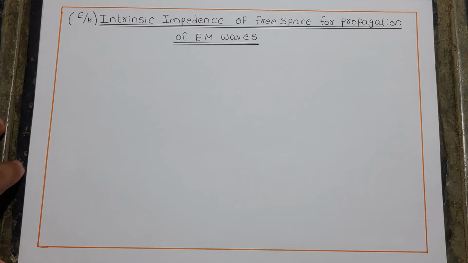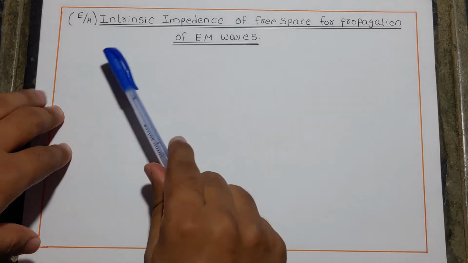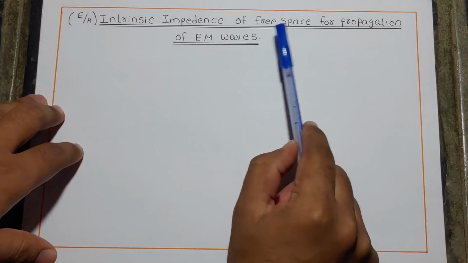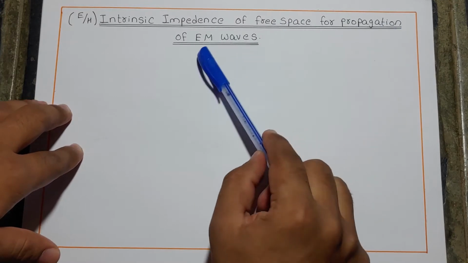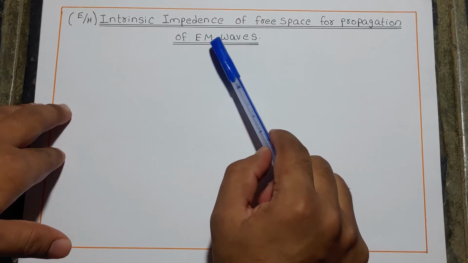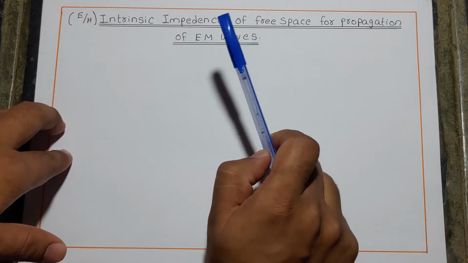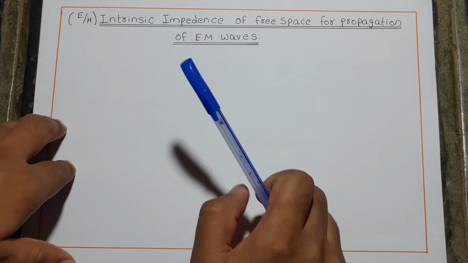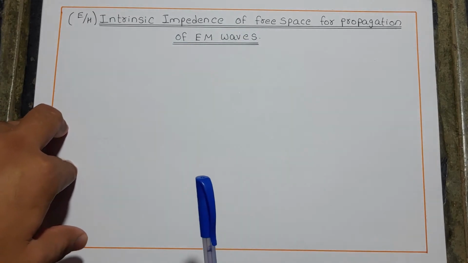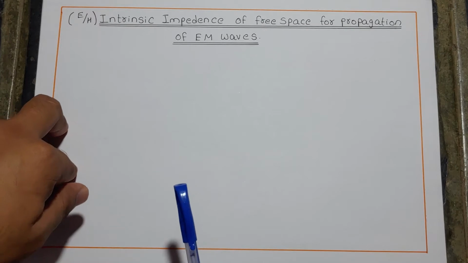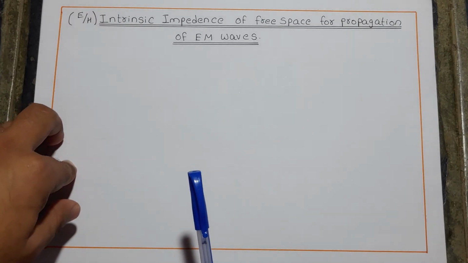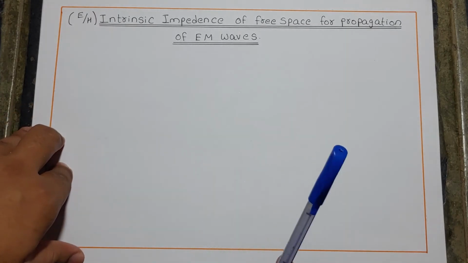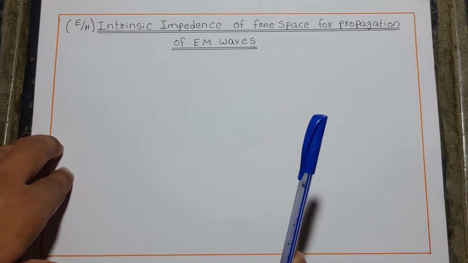Now in this video, let us know about the intrinsic impedance of free space for propagation of EM waves, that is electromagnetic waves. First of all, what is intrinsic impedance? Intrinsic impedance describes the magnitude of the magnetic and electric field present in free space.